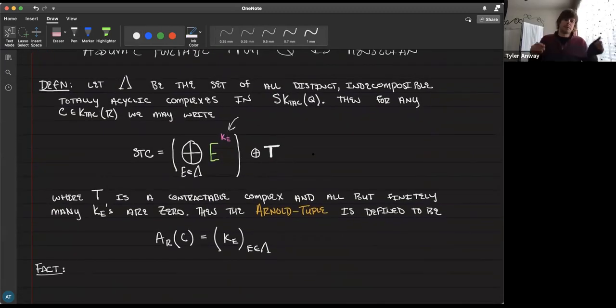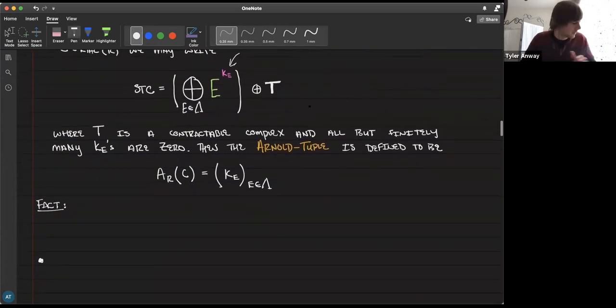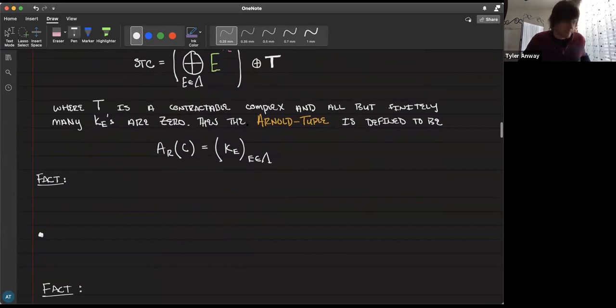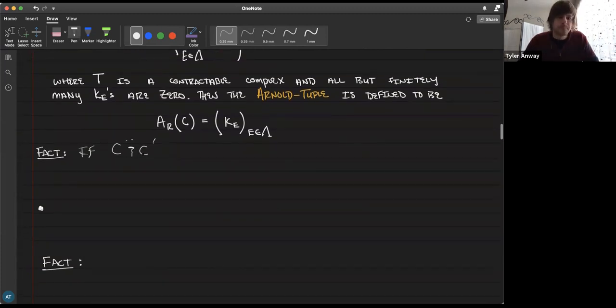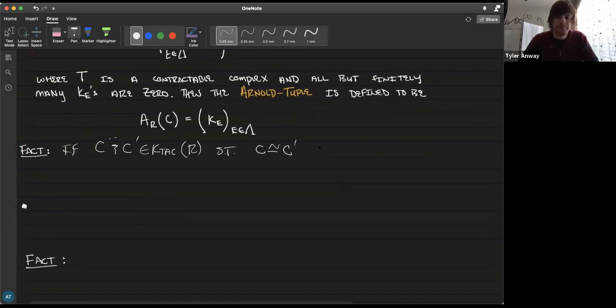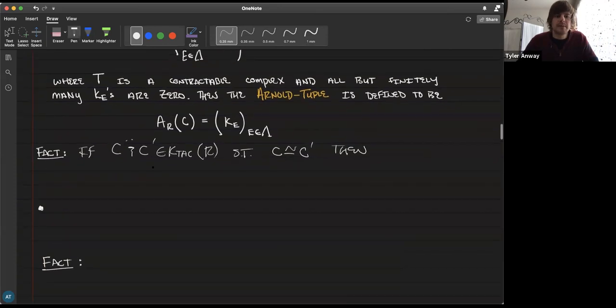Okay, so we have this definition of an Arnold-tuple, and I want to state some facts about this definition. So if we take two complexes, C and C prime, in Ktac R, such that C is homotopically equivalent to C prime, then we must have that their Arnold-tuples are equal.